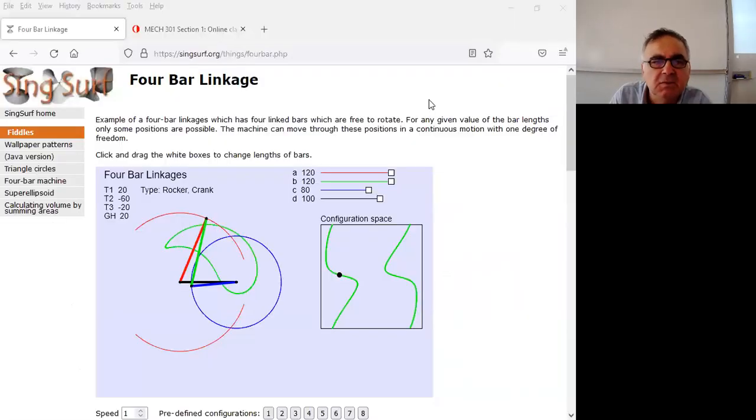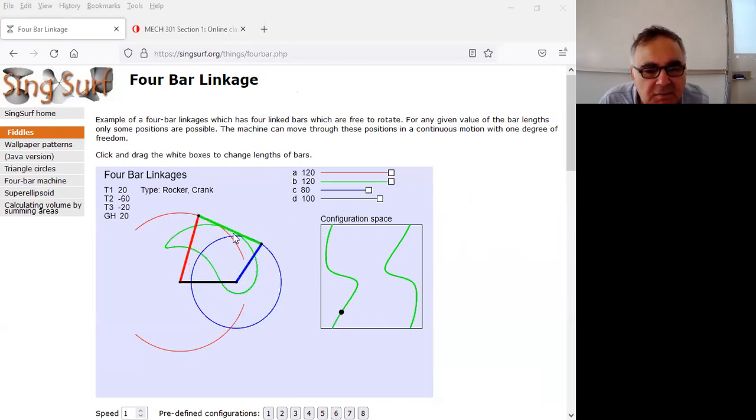Check this. This website has a simple four-bar linkage simulation. For example, here in this case, we have a crank. The blue one is the crank and the red one is the rocker.